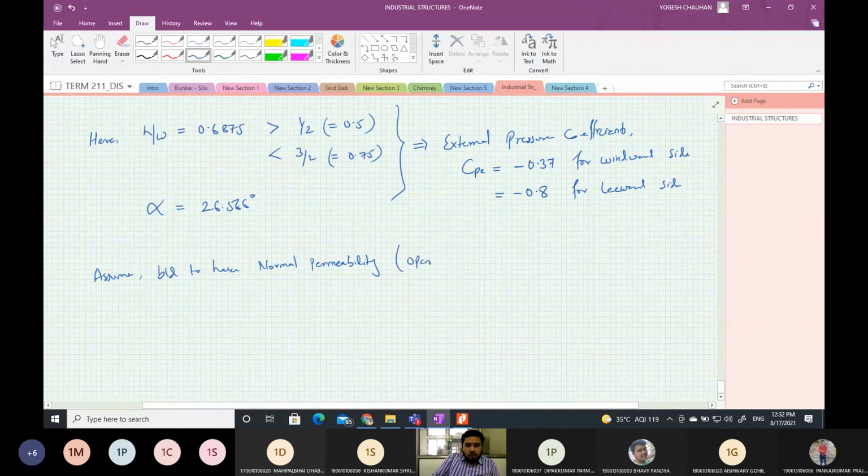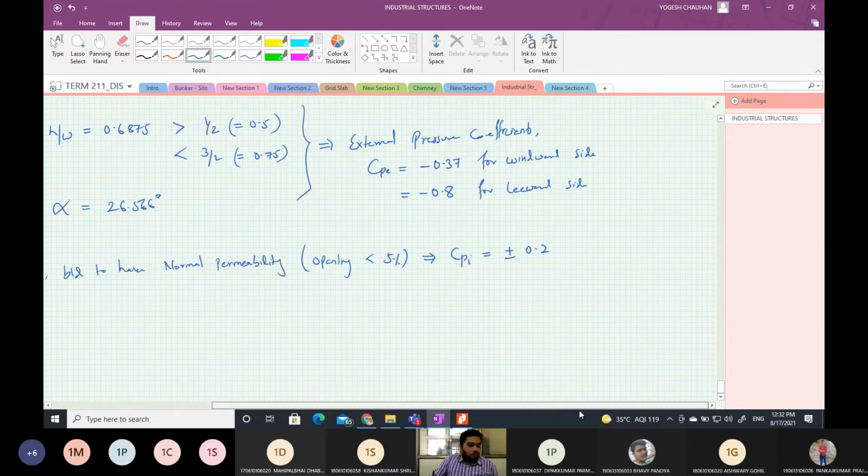That means for openings less than 5%, the value of CPI should be taken as plus or minus 0.2. This is for both windward and leeward side.